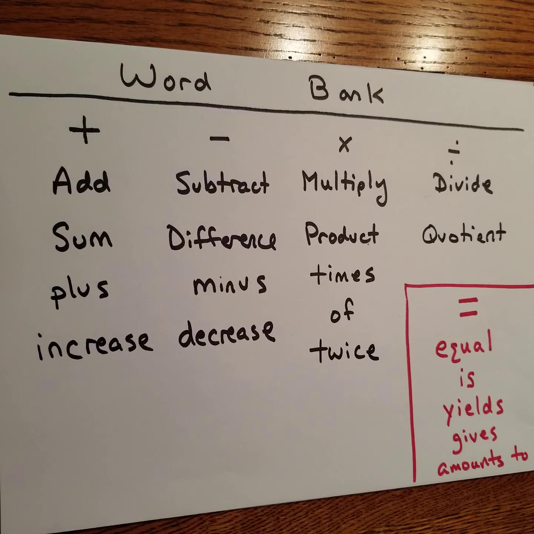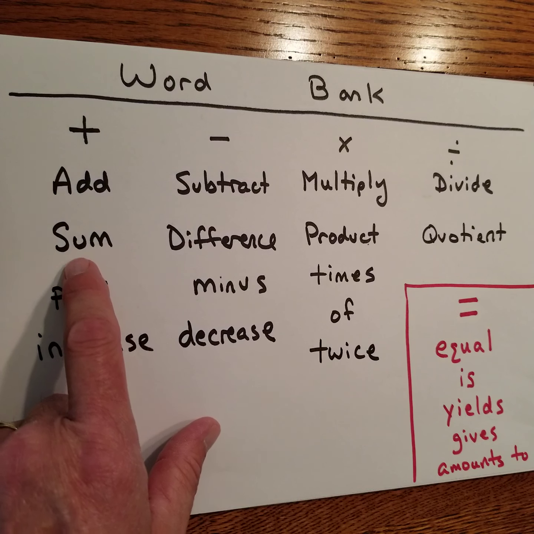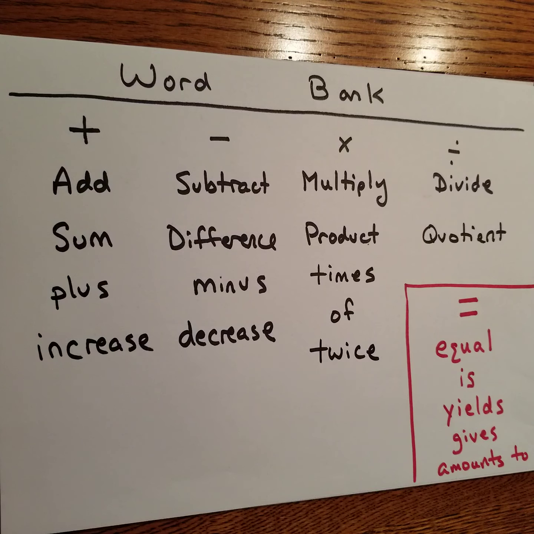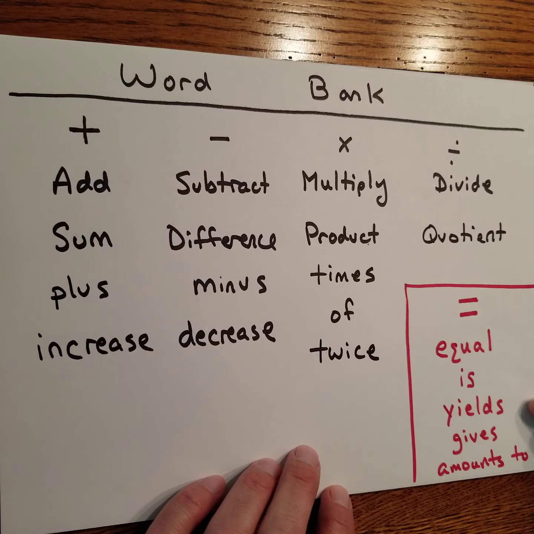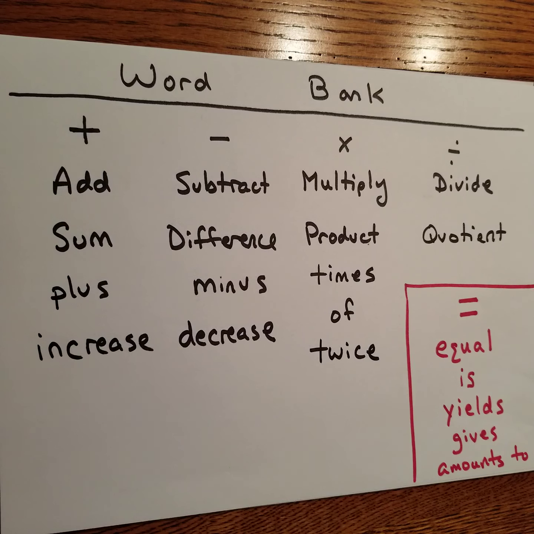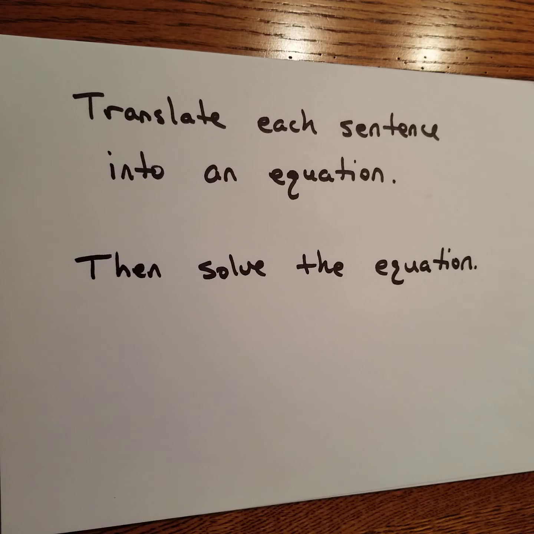Difference is subtract. Sum is add. And the most important word, the word we start word problems off with, equals. For each word problem, it's our job to translate the words into an equation, then solve the equation.